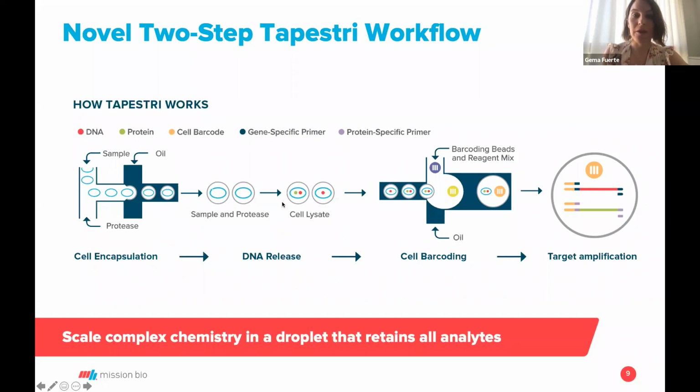After you have done the lysis, you introduce that again in a different part of the cartridge, where you combine it with barcoding beads that have a unique barcode, and also all the necessary reagents that you require to do downstream amplification.